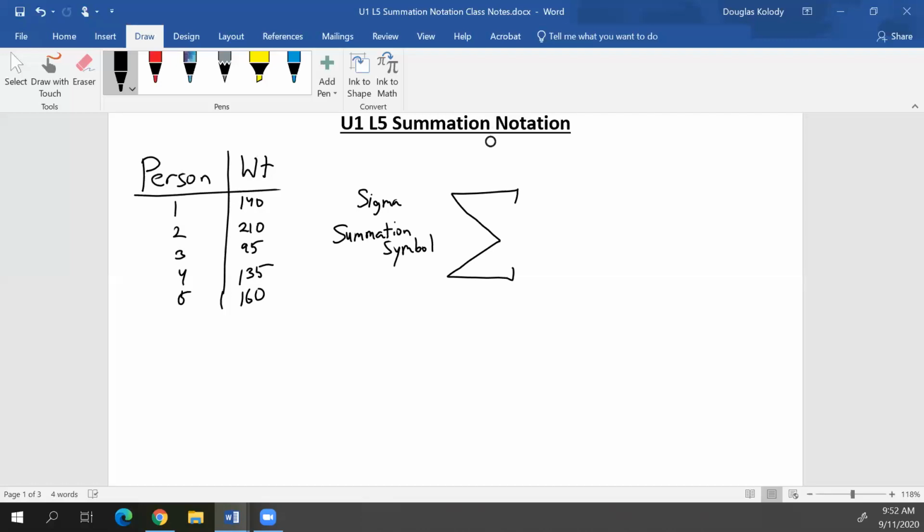Every summation symbol will have a lower limit of summation and an upper limit of summation. So this is called the lower limit, and this is called the upper limit of summation.